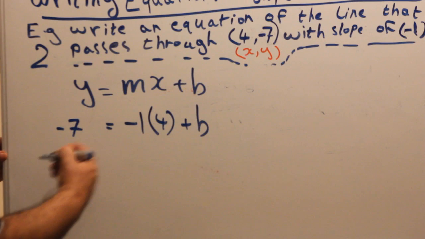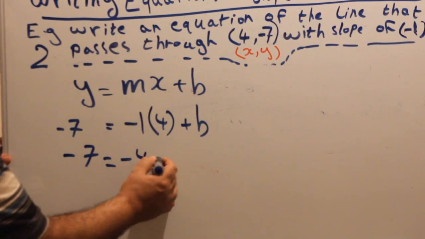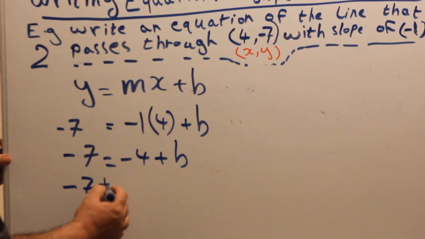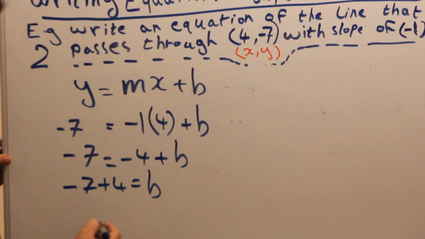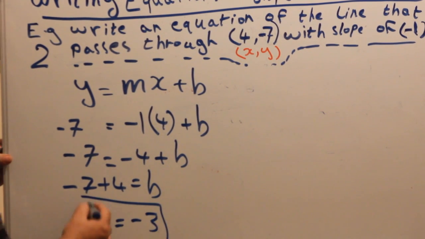Now what do I get if I multiply? -7 equals -4 plus b. Then -7 plus 4 equals b. b gives me -3. So I found b. So what will be the final answer?